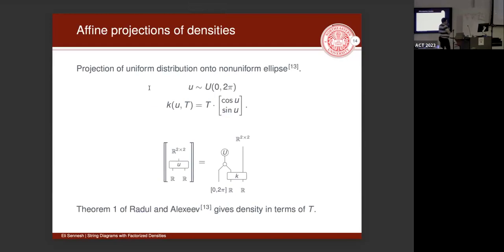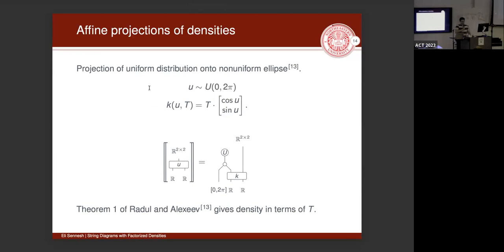This is an example taken from Rudul and Alexeev. What they do is they say, all right, you're going to give me a 2x2 matrix representing a linear transformation T. I'm going to sample an angle from the uniform circle, so really a uniform distribution between 0 and 2 pi measured in radians.